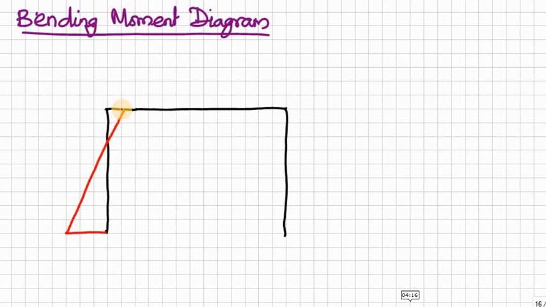So this is the moment in column AB. Here we have the MA moment, and here this is the MB moment. Similarly for CD, this is zero moment here, and this is the MC moment.